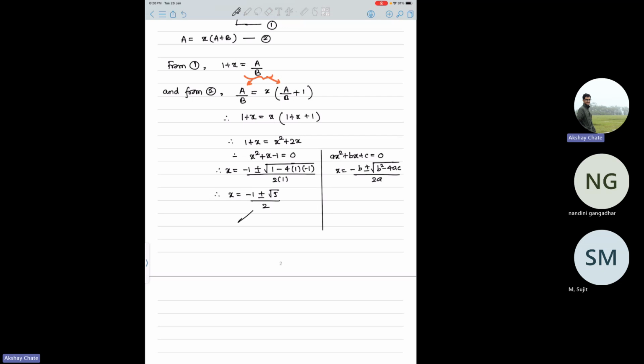So you have 2 values for x, which are minus 1 plus root 5 by 2, and minus 1 minus root 5 by 2. Which value do you think will be feasible and which value is not acceptable? Can anybody tell me? You can type it out also, no need to switch on your microphone if you are not in a quiet environment.